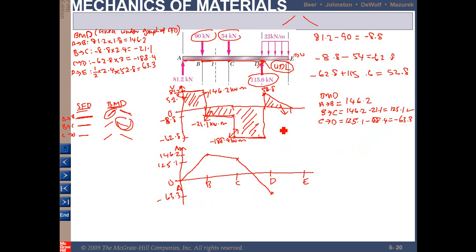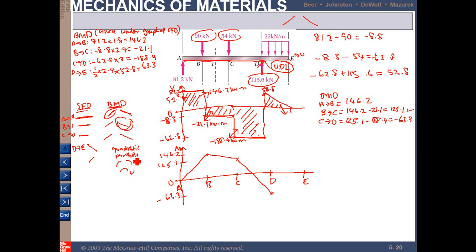Okay, and then from D to E, because the graph is inclined like this or like this, the bending moment diagram will become a quadratic, or a parabola graph, either like this or like this, something like that.